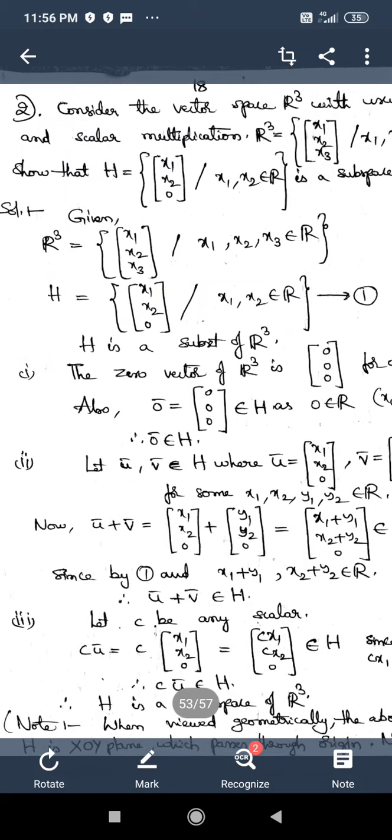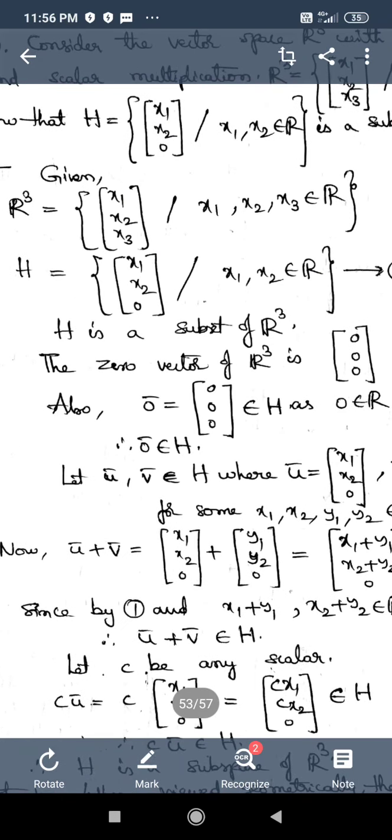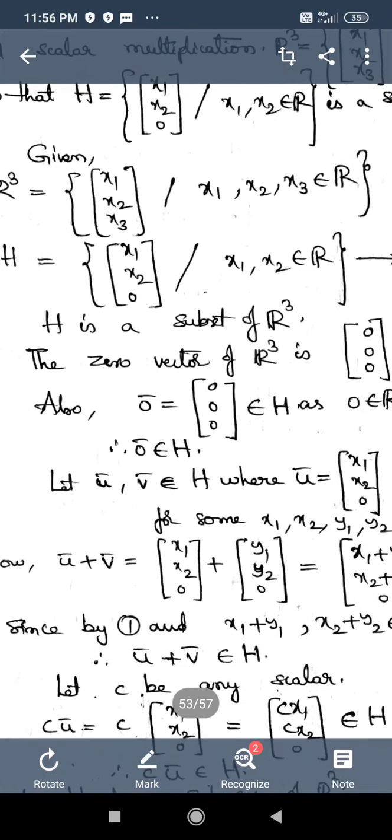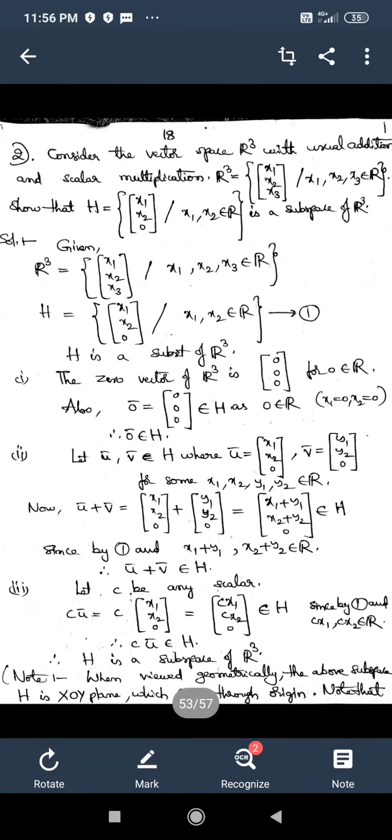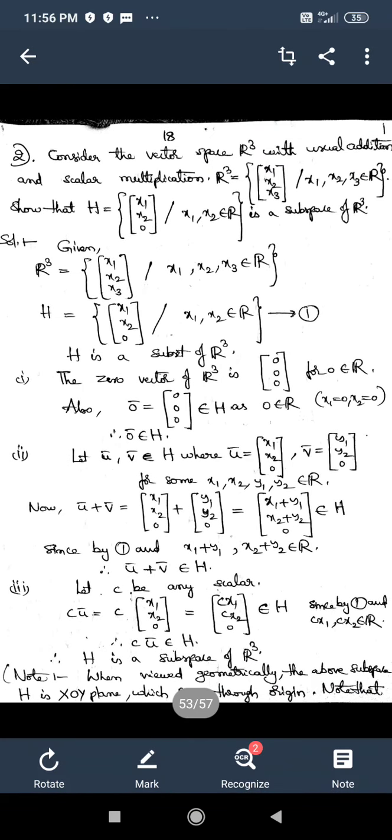Now to verify the vector addition condition in H, we need two vectors from H, and I am taking u bar, v bar as elements of H, and as they are in H, they should be of the form column vector x1, x2, 0.